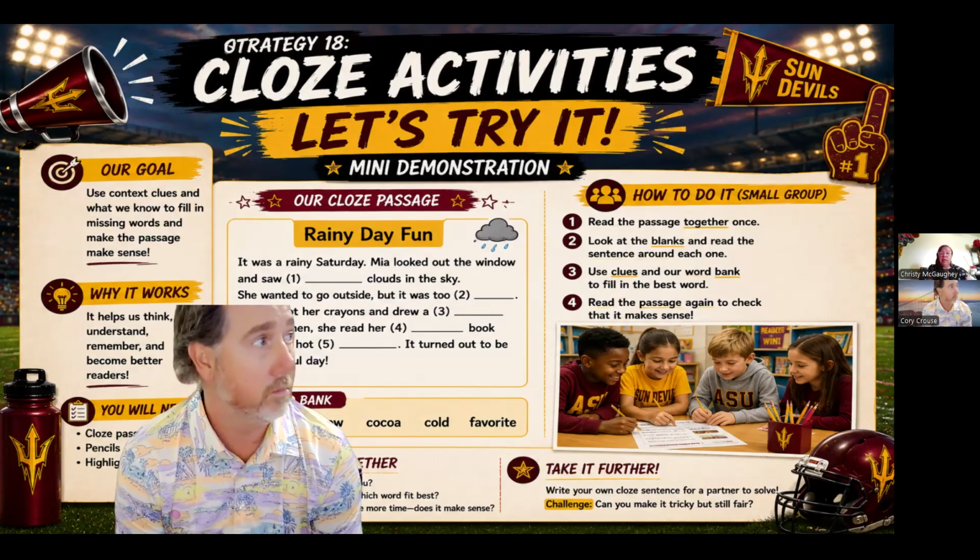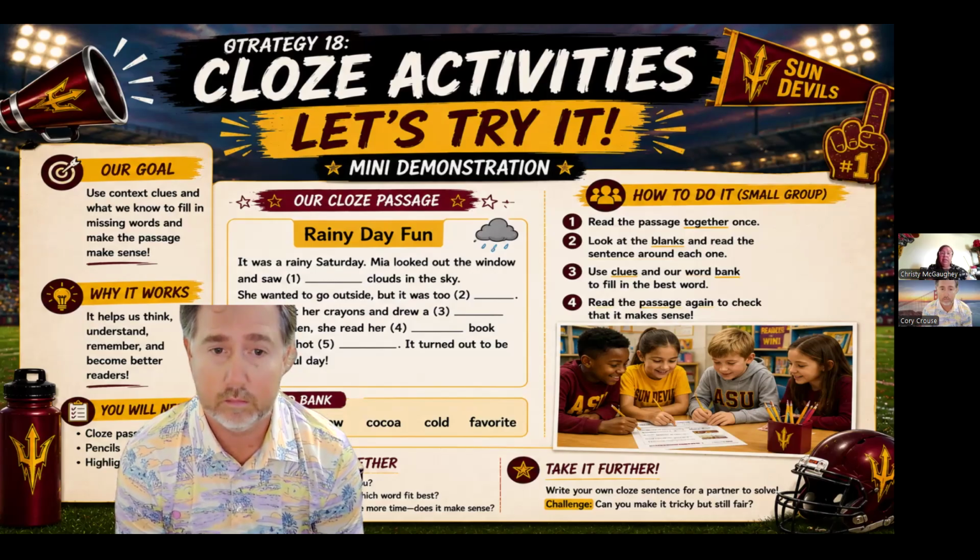So in the middle here, we have "Rainy Day Fun." It's a cloze passage, so they would fill in the blank. So the same as our last slide where we have a sentence. It was a rainy Saturday. Mia looked out the window and saw blank clouds in the sky. She wanted to go outside, but it was too blank.